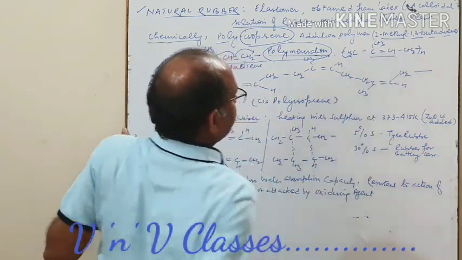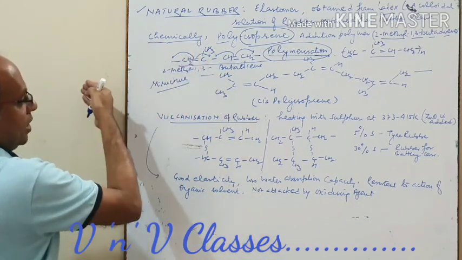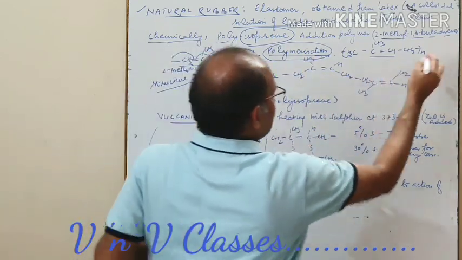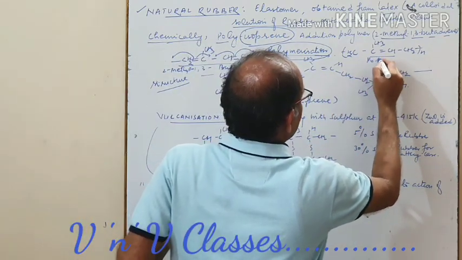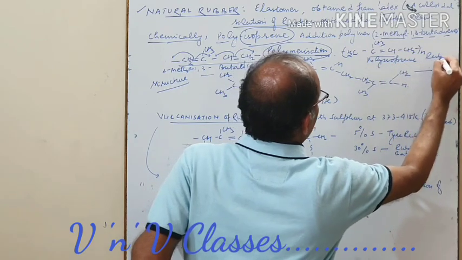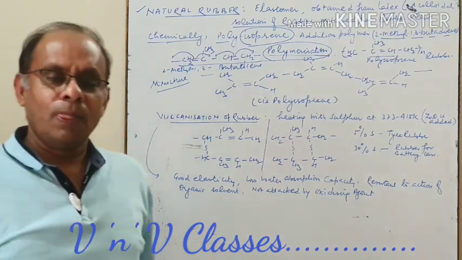And this CH2 can form a bond on this end, so extension is possible, and this can also form a bond on this end, so extension is possible, and this results in the formation of polyisoprene, which is called natural rubber. But this natural rubber has good elasticity.